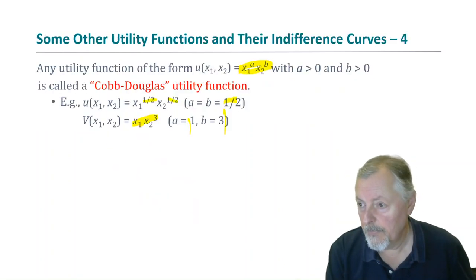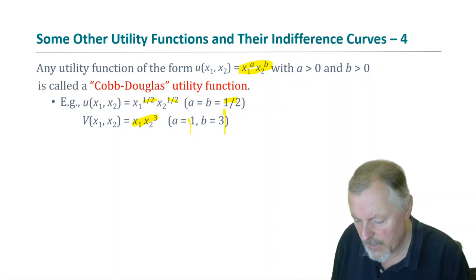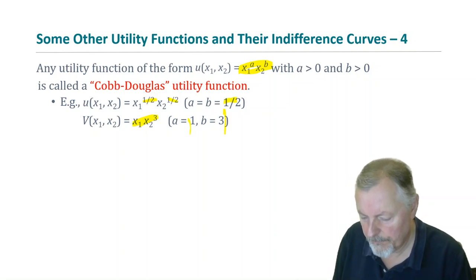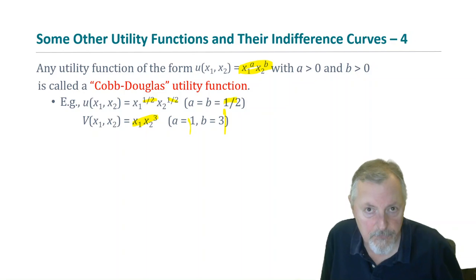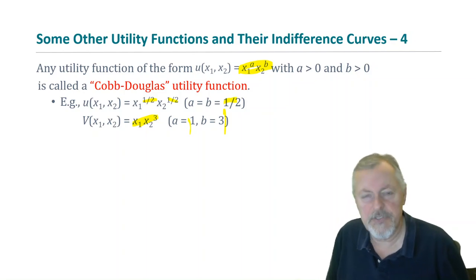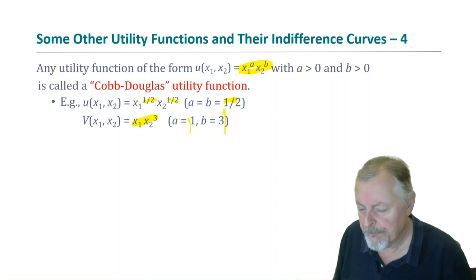Actually, let me back up. Because any monotonic transformation of a utility function represents exactly the same preferences, just essentially in different units, loosely speaking.